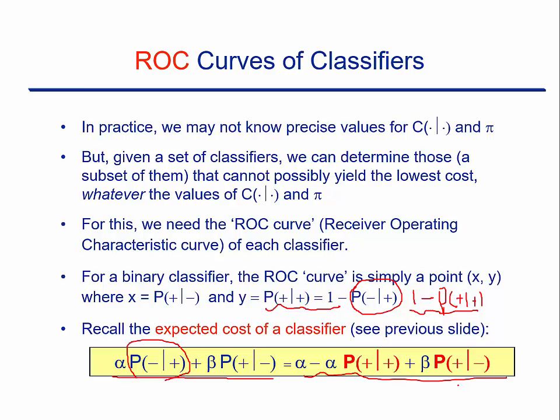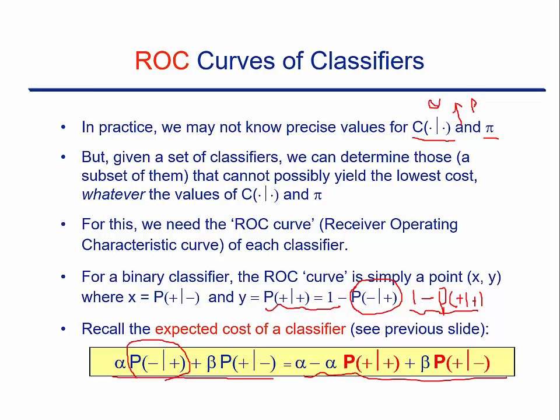In practice, we may not know precise values for the costs of making misclassifications and the prior probabilities. Thus, we do not know the precise values for alpha and beta.